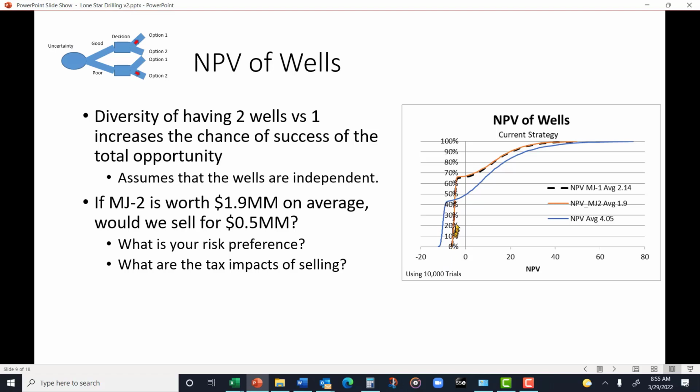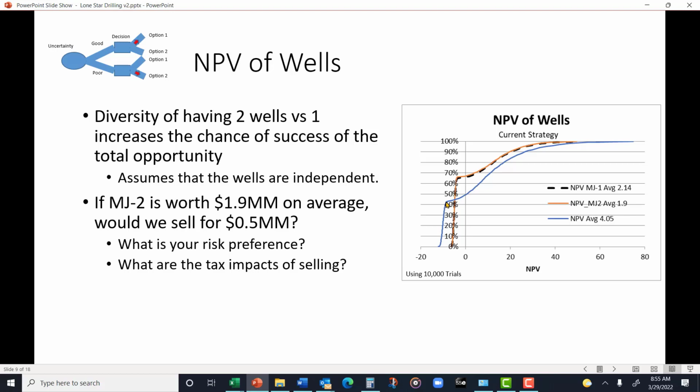So we can start to interpret from this S-curve what's actually happening. However, because the two fields are independent, when I add them together probabilistically, my probability of success is actually 50% of having a positive NPV.